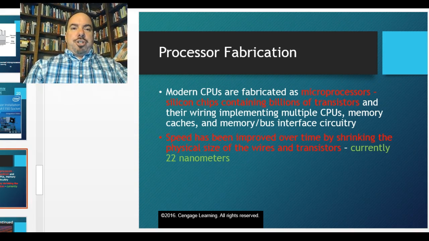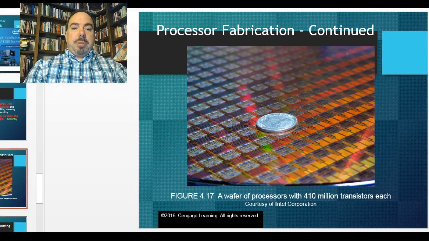We said that switches, the on-off switching mechanism, are enacted in transistors, and we've gotten to the point where we're talking about billions of transistors on a CPU, and we've been able to get faster and faster by shrinking the size of the wires and of the transistors themselves. They're getting extremely small now.